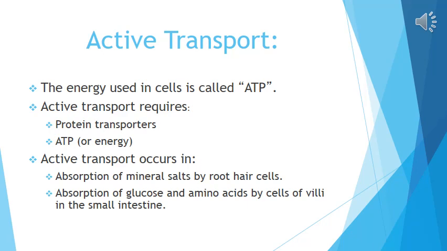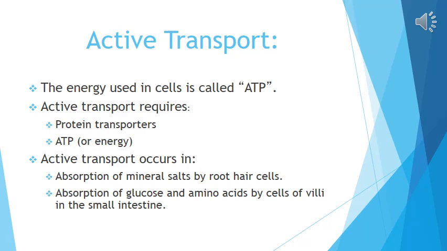For the better understanding of the topic, dear students, sit with me. The energy used in the cells is called ATP or adenosine triphosphate. Active transport requires protein transporters and ATP or the energy which is produced during cellular respiration by mitochondria.